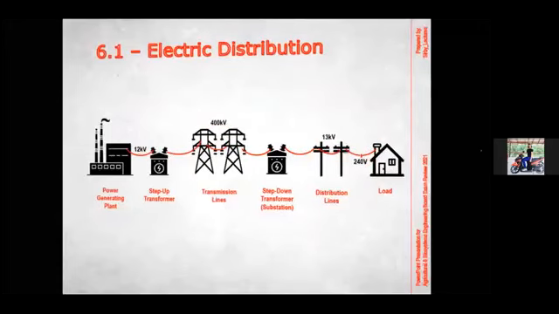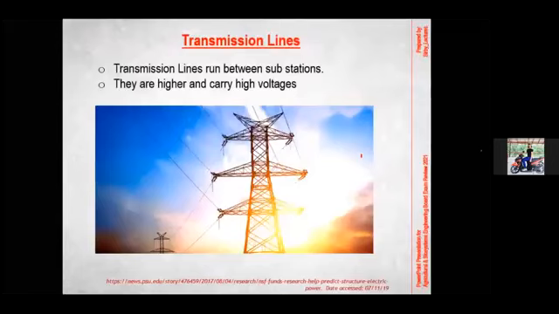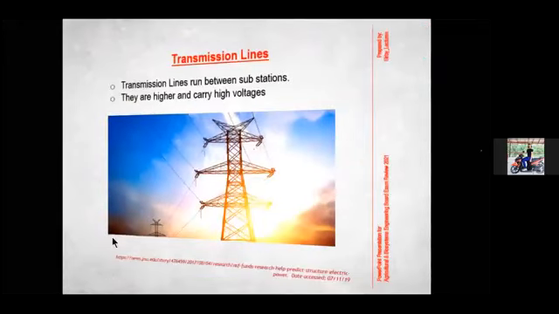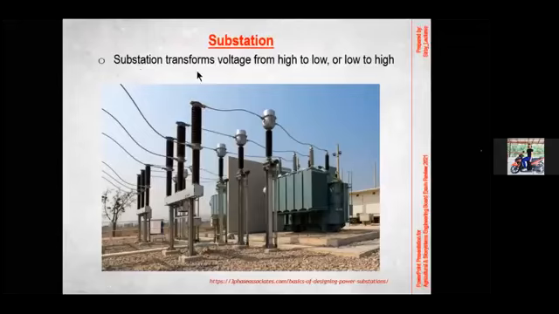Okay, so here are our transmission lines, and these transmission lines run between substations, and they are higher and carry high voltages. Right here, this is our figure 4 substation that transforms voltage from high to low or low to high.